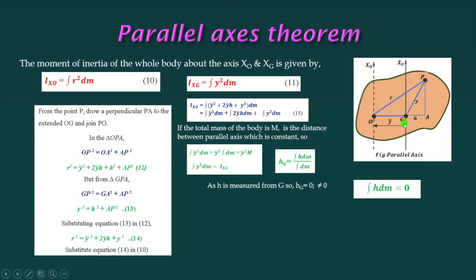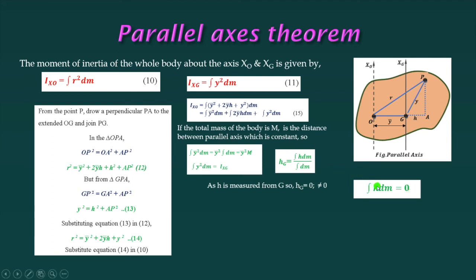Here the axis is the g axis in this main equation. This is the integration of h dm by the integration of dm. As hg equals 0, and the integration of dm is not equal to 0, the integration of h dm equals 0.